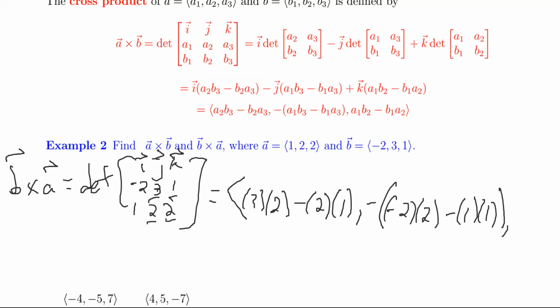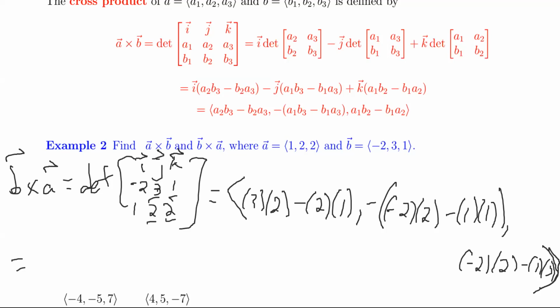And now the third coordinate is the determinant that's left over after we cross off the row and column that k is in. So this is negative 2 times 2 minus 1 times 3. And then close that bracket there. That is supposed to be an angled bracket. Sorry, I ran out of room there. Okay, put all this stuff together.